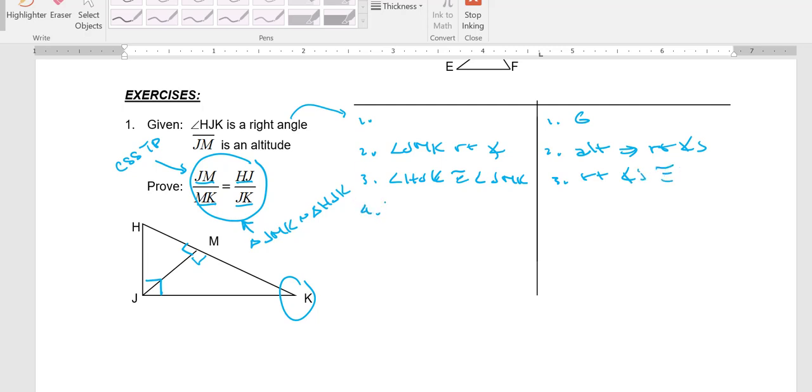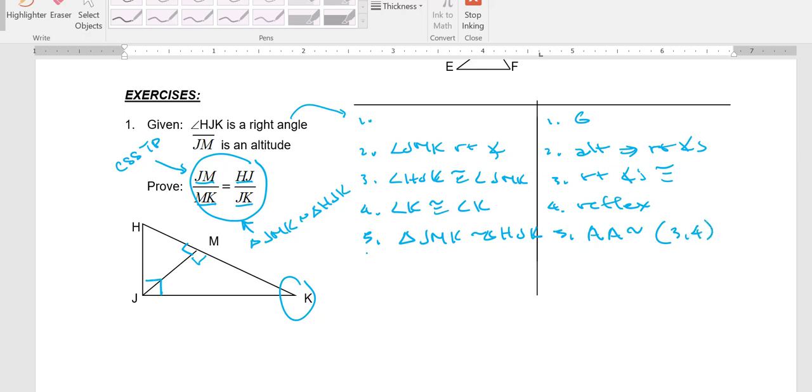And I said before that angle K is congruent to itself. That's reflexive. And now I can say that the triangles are similar. So triangle JMK is similar to triangle HJK because of, again, the angle similarity. So steps 3 and 4.